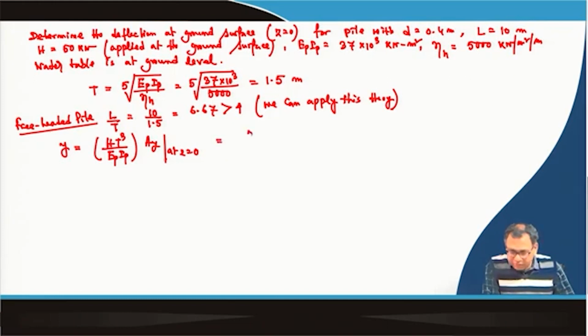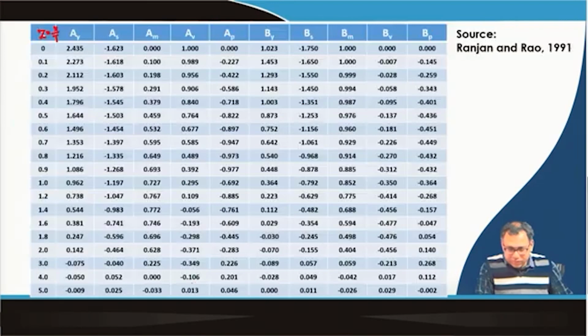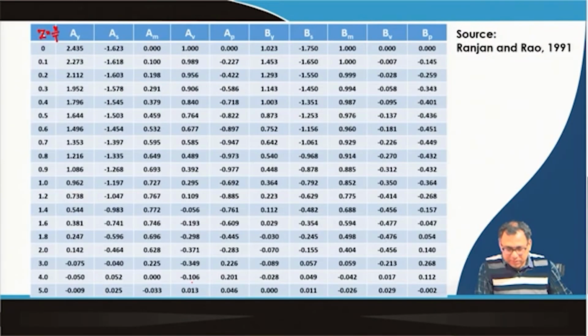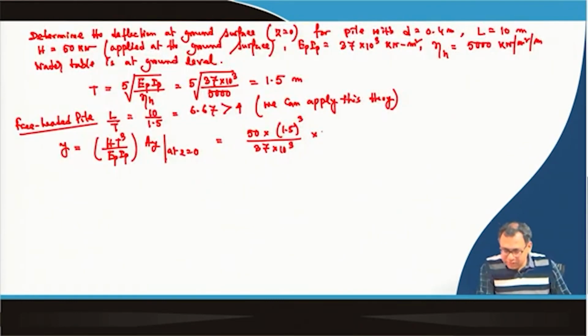So, that will be equal to h is 50, t is 1.5, 1.5 cube, divided by E p I p is 37 into 10 to the power 3, then A y at z equal to 0. So, what is A y at z equal to 0? A y at z equal to 0 is 2.435. Okay, because we are calculating the deflection.